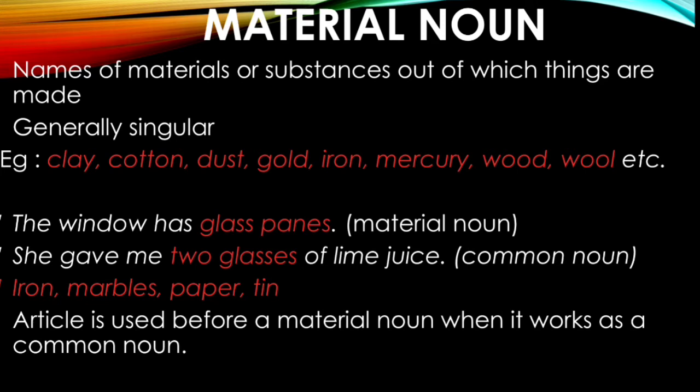The window has glass panes. Glass is a material noun, but it is plural here because certain articles are being made from them. She gave me 2 glasses of lime juice.